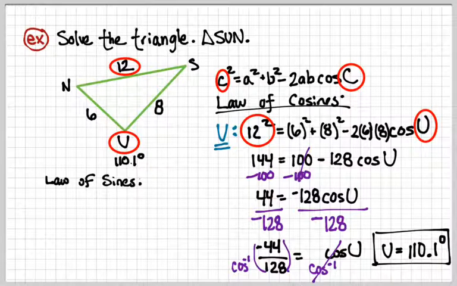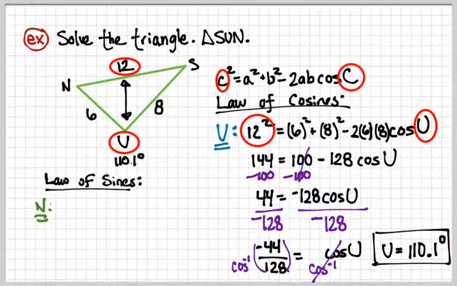Okay, so for the law of sines, let's go ahead and solve for letter N. And since we know one of our ratios here, opposite sides, we have 12 and U, we can start there.